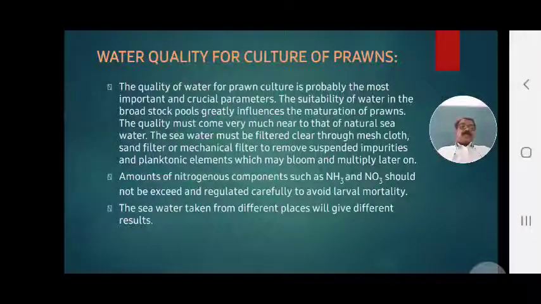When NH3 and NO3, that is nitrates and nitrite, are at maximum in water, larval mortality occurs. And once larval mortality occurs, the prawn crop is affected. To avoid this, nitrates and nitrite are to be maintained in a proper manner.